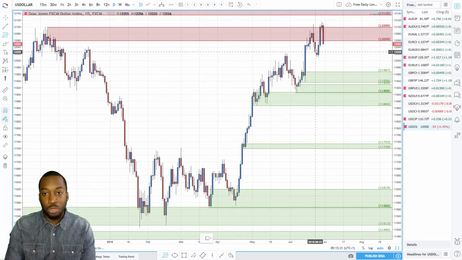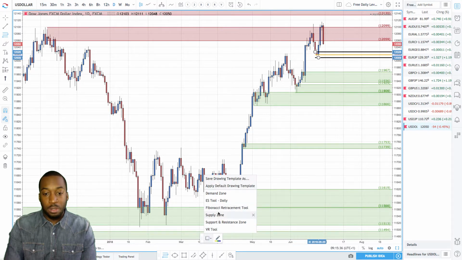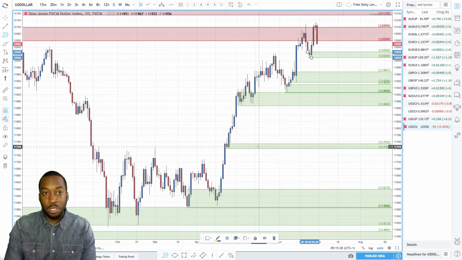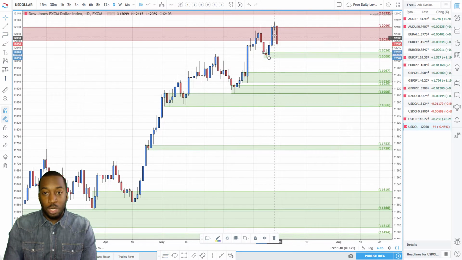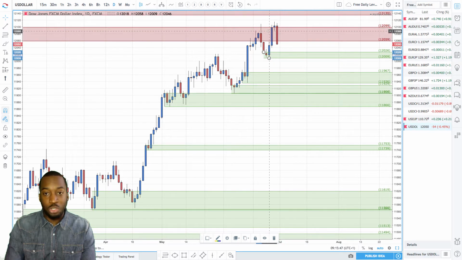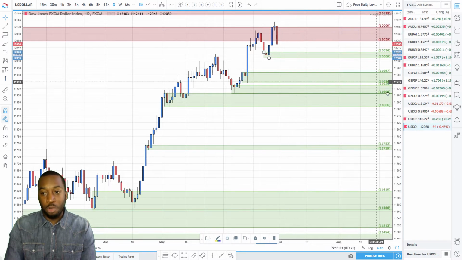a demand zone here, demand right on the daily. So if you want to be a seller right now, and you're trading the daily time frame charts, you can also use the intraday time frames for daily time frame zones, look for any kind of reason for an entry to try and get short on the dollar pairs at the moment.